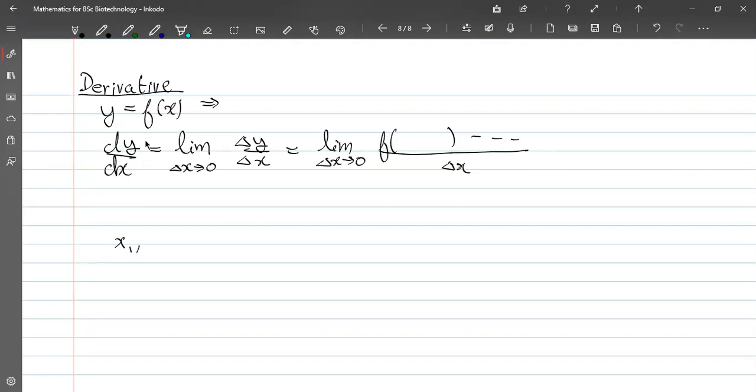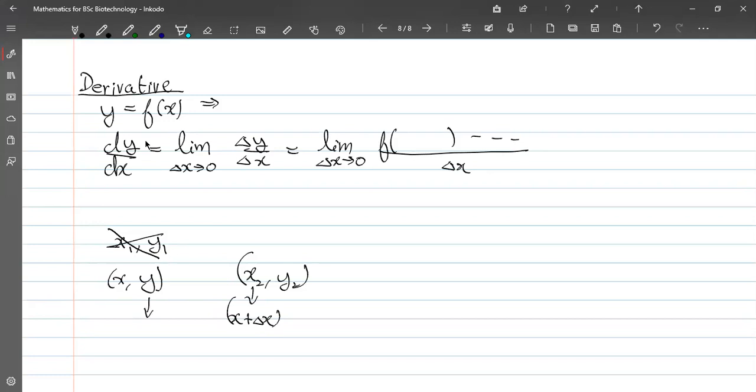We had x1, y1. So instead of that, we have just xy, because we are taking a general point x1 and calling it x. And we want x2, y2. But remember, x2 is just x1 plus delta x, that is x plus delta x. And here we are saying y is given by the function f of x. In the previous example, y was x square, so f of x was x square then.